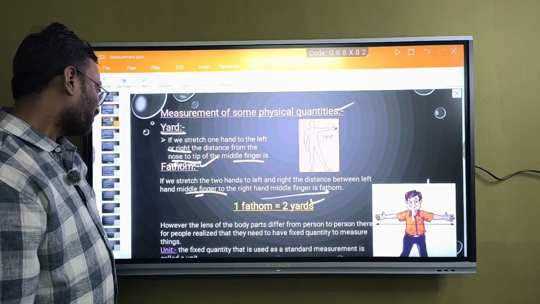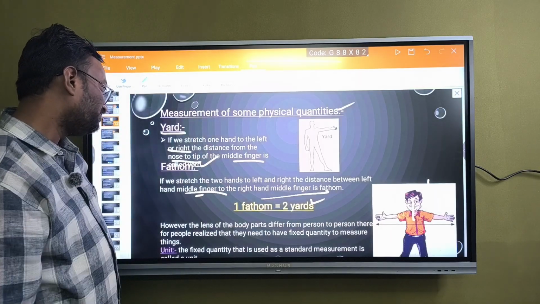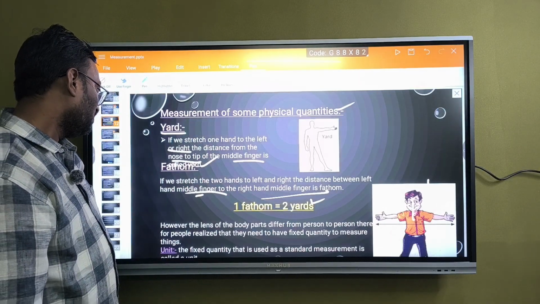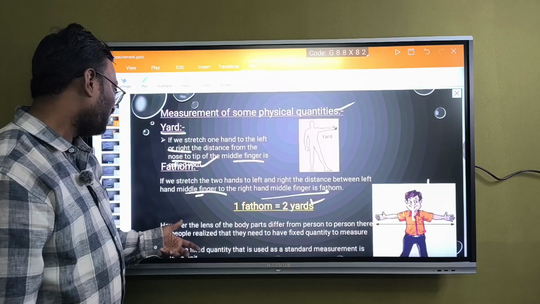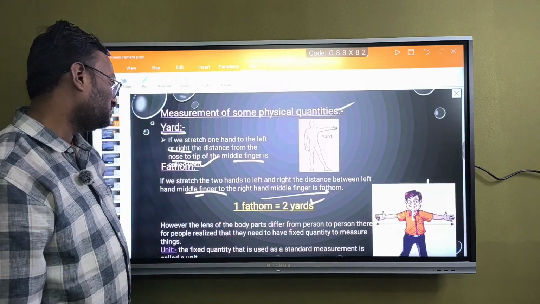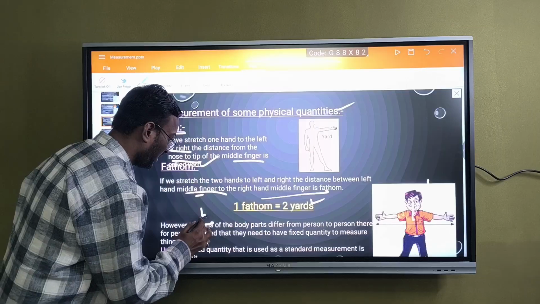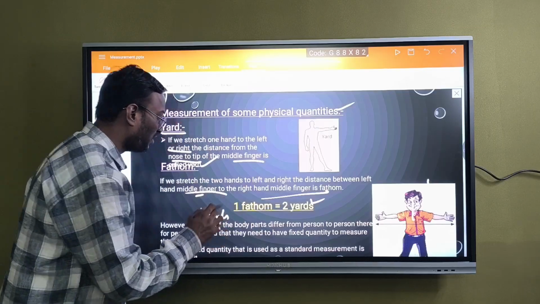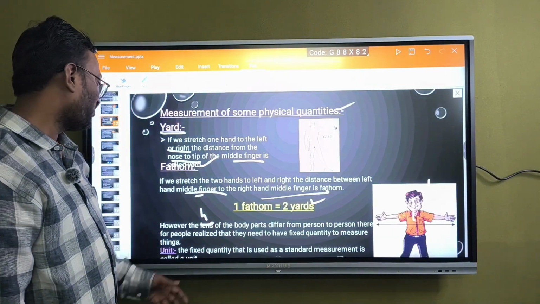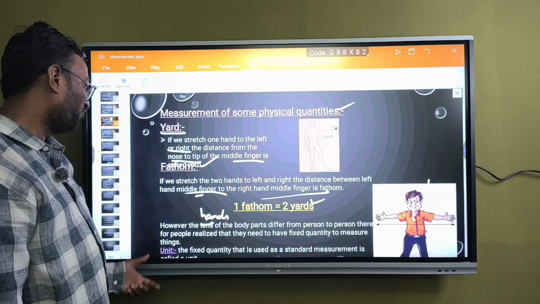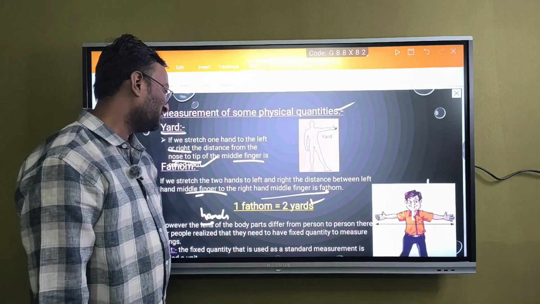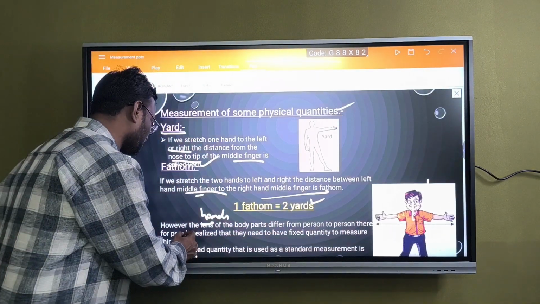However, the hands of the body parts differ from person to person. Therefore, people realized that they needed a fixed quantity to measure things.